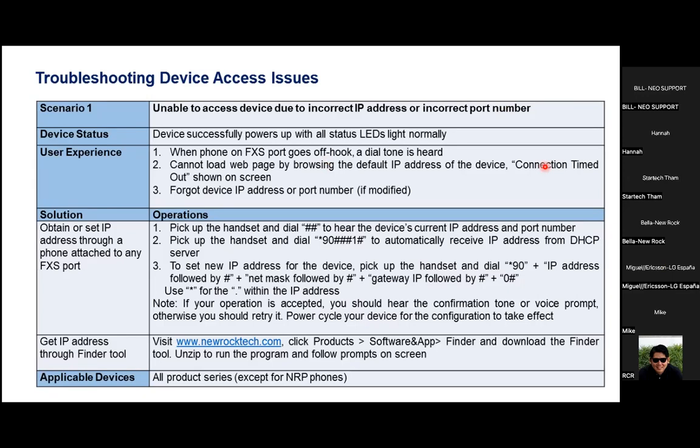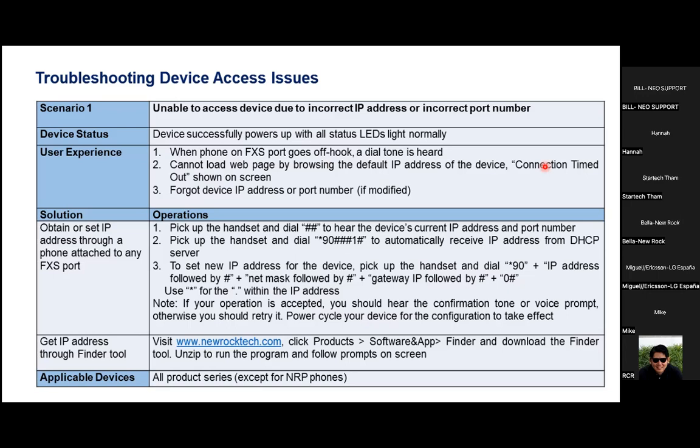Generally, the device status is that it powers up successfully with all the status LEDs on the device lighting normally. And of course, when we ask our customer about their experience, when they lift the handset or the FXO port goes off hook, a dial tone is heard.